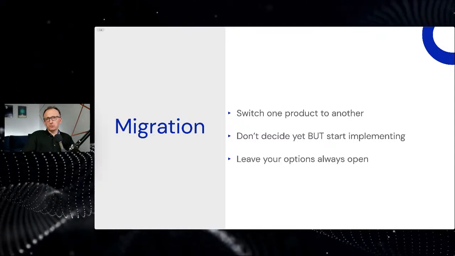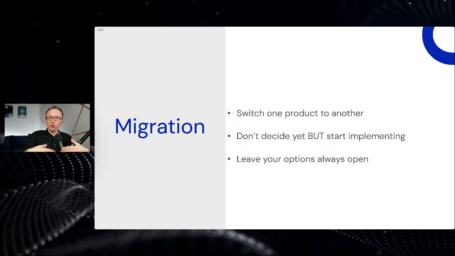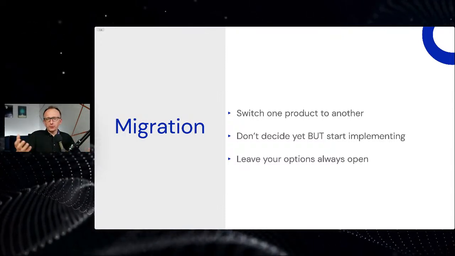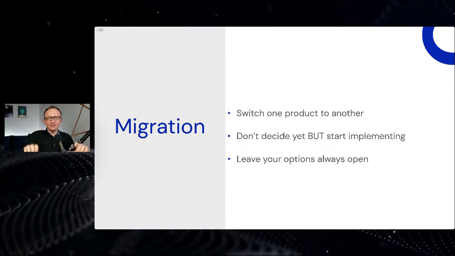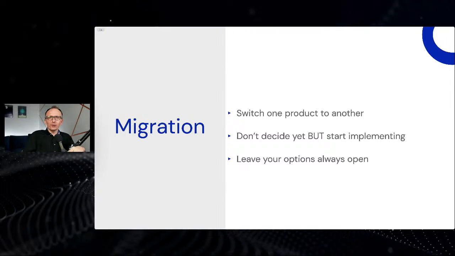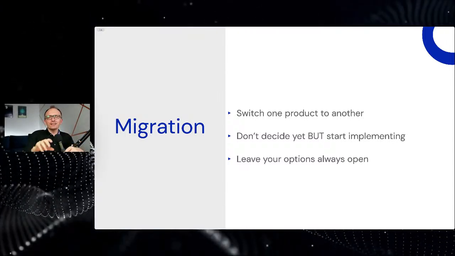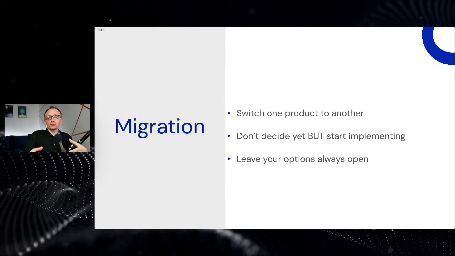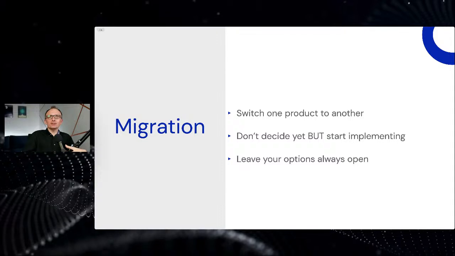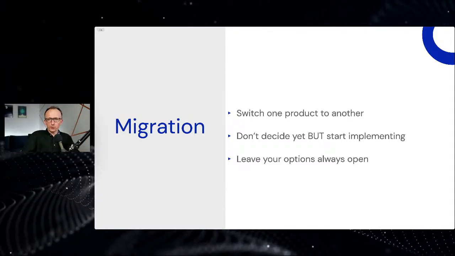And besides, you can still have your options open, just like with Kubernetes. I know that's not that easy with Kubernetes running on a particular cloud platform and migrating to another one. With Kubernetes it's just easier, not super easy, but easier. And the same goes with OpenTelemetry.